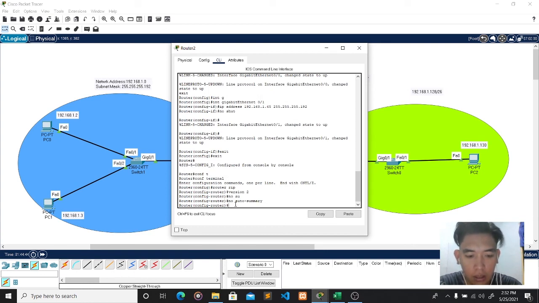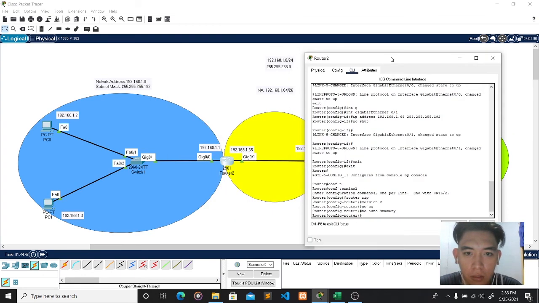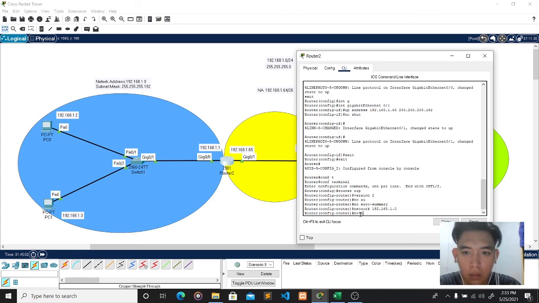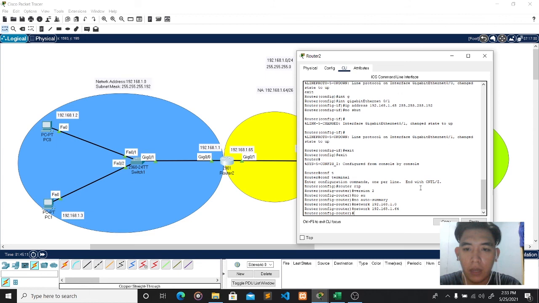Then, i-add natin yung magkabilang network. So, network address 192.168.1.0 at saka network 192.168.1.64. Press enter.